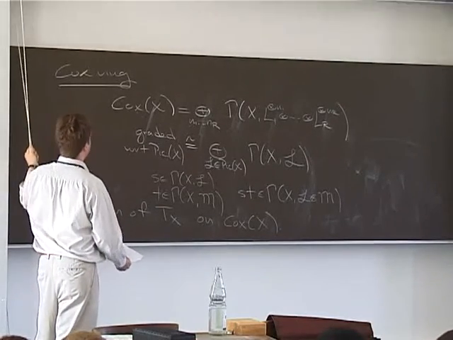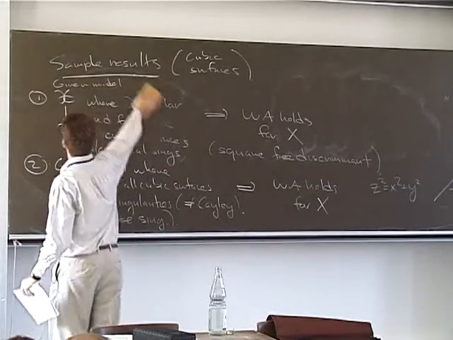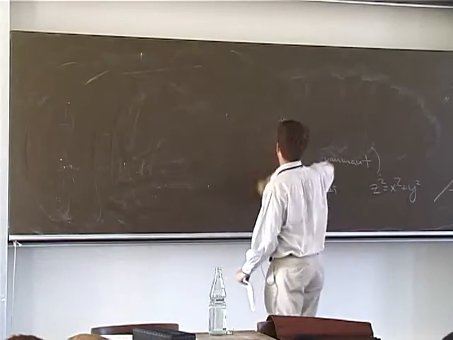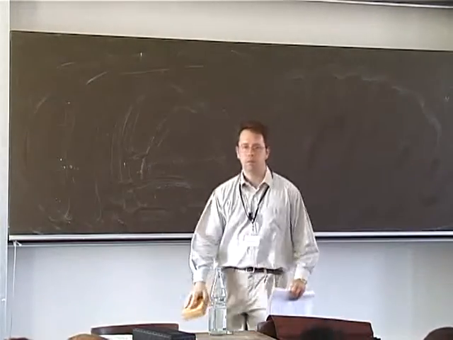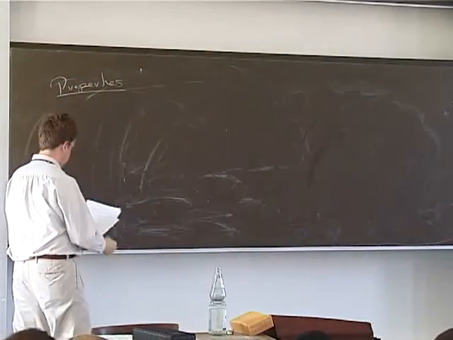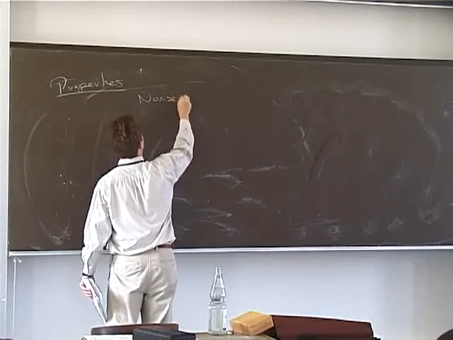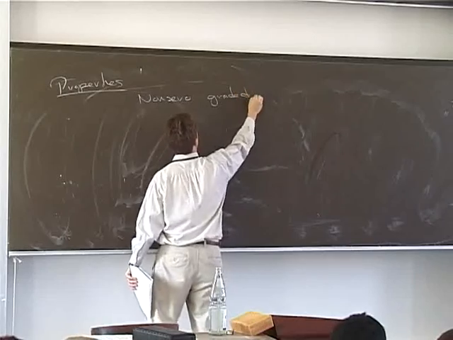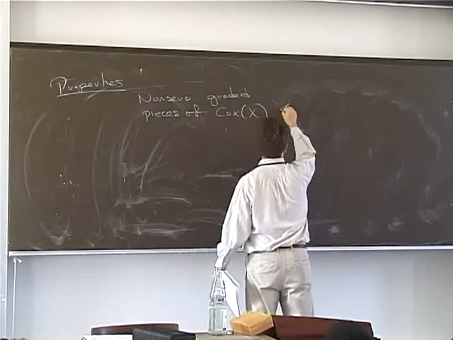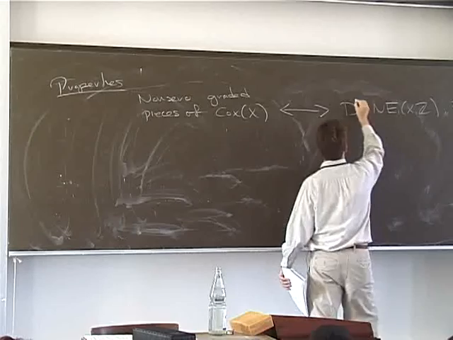Let me state some important properties. So the first property is that the non-zero graded pieces of the Cox ring are in one-to-one correspondence to effective divisors.